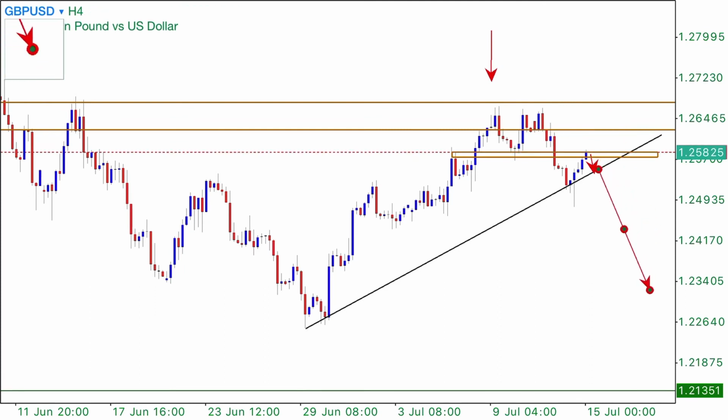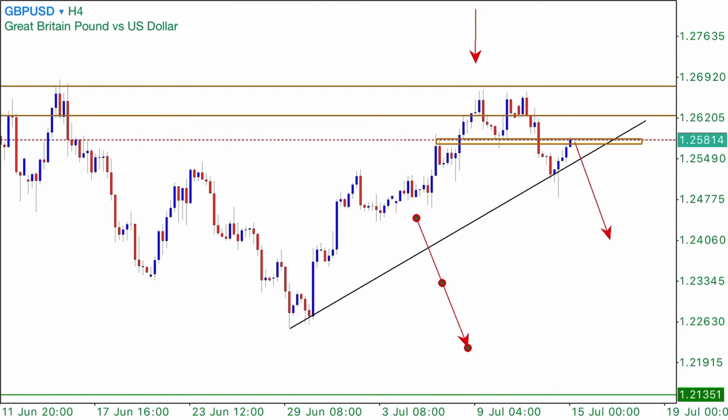or we can expect price to break this trend line, because trend lines are also diagonal support or resistances. It's made by connecting two lows, at least three lows on an uptrend or three highs on a downtrend.